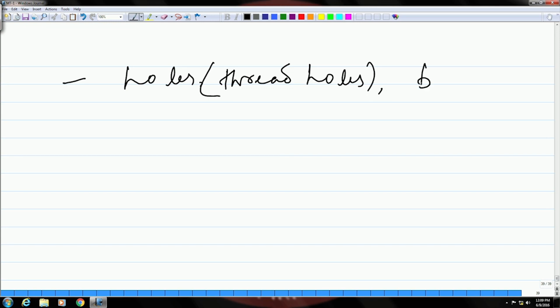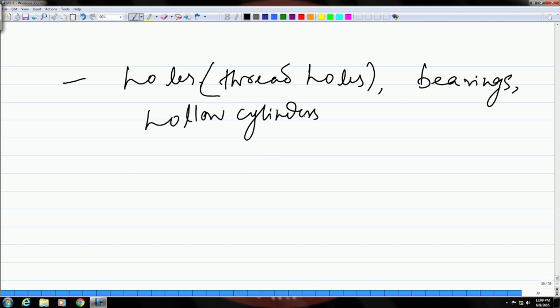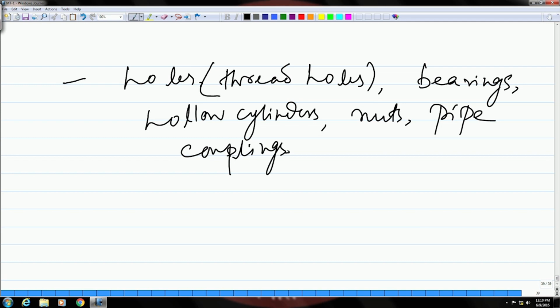Then other parts like bearings, hollow cylinders, nuts and pipe couplings. So, these are some of the applications of magnetic particle testing.